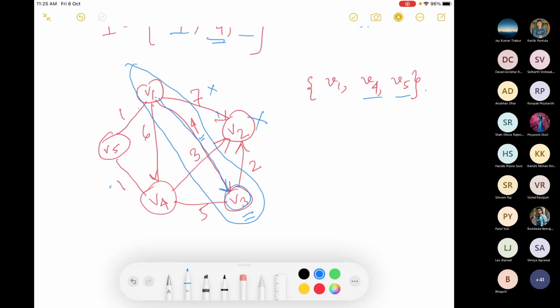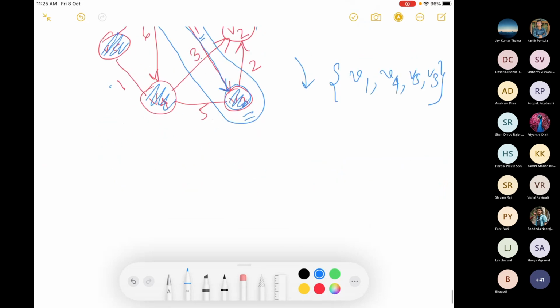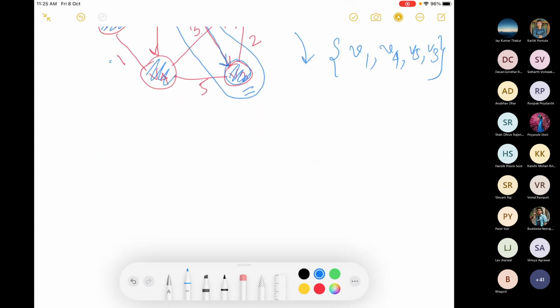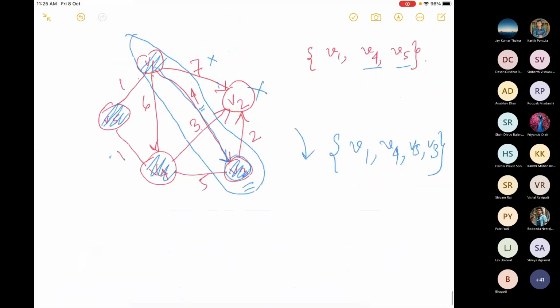So therefore, in this state, V3 is included, and not V2. And then finally, in the last stage, you include V2 with the edge V3 to V2.